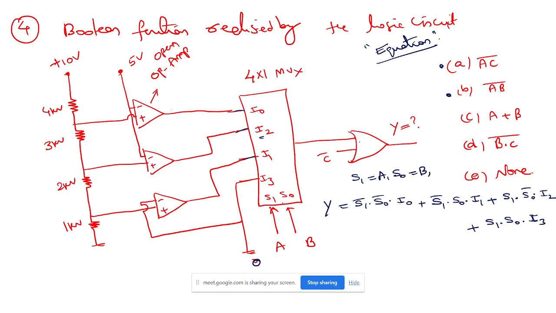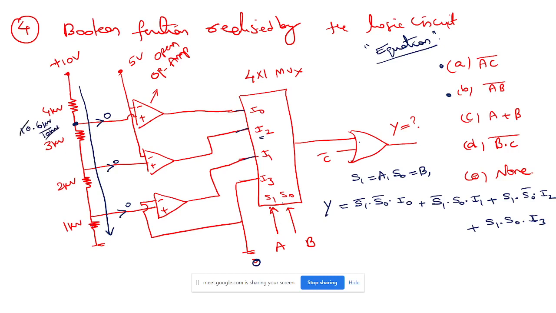Okay, let's find out. Now, the current drawn by the op amp is 0, right? We all know that. The current will not be drawn, so the entire current will flow through like this, so I can say all the resistors are in series. So what is the voltage across this? 3 plus 2 plus 1 is 6. So the voltage across this is 10 into 6 kilo ohm divided by 10 kilo ohm, since the overall resistance is 10.